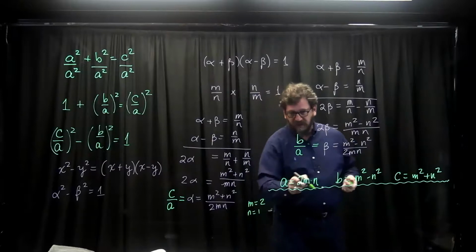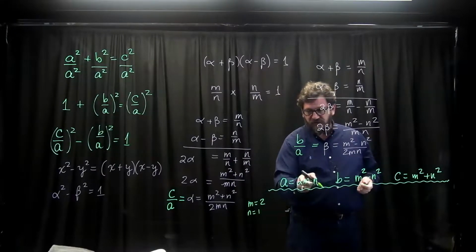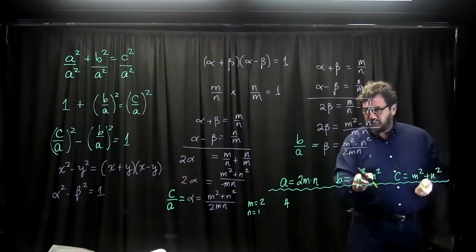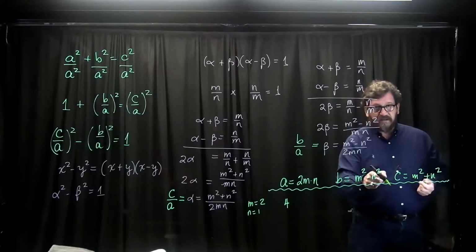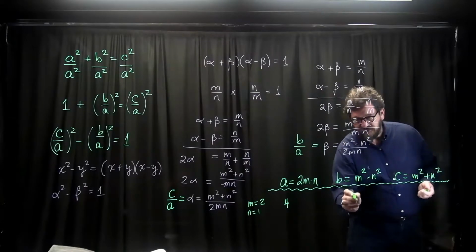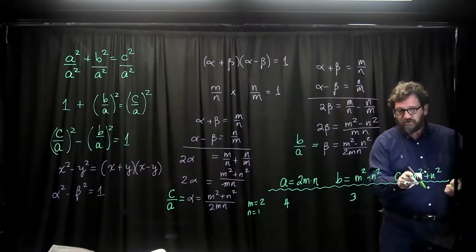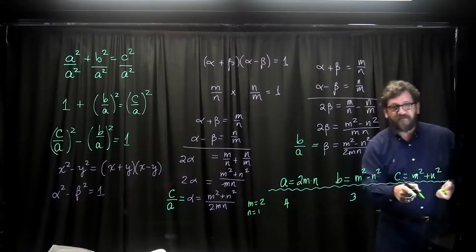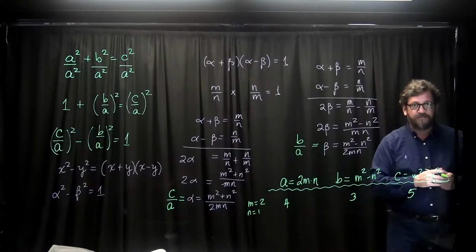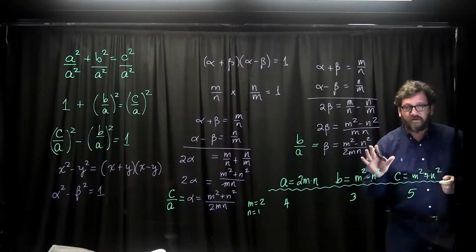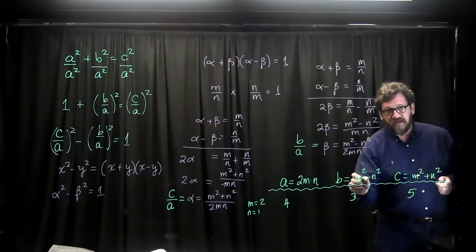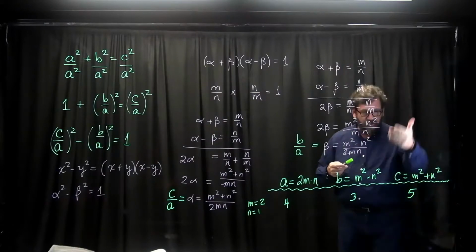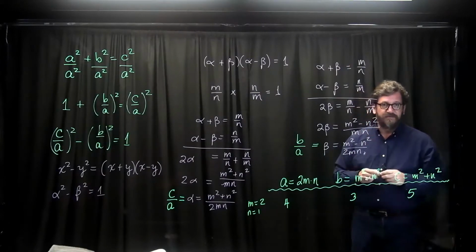Let's see. 2 times 1 is 2 times 2 is 4. 2 squared is 4, minus 1 makes 3. And 2 squared is 4 plus 1 makes 5. And 3, 4, 5 is a right triangle. And this will work, like I say, as long as your choice of m is greater than your choice of n. And that way you can generate a list of triples.